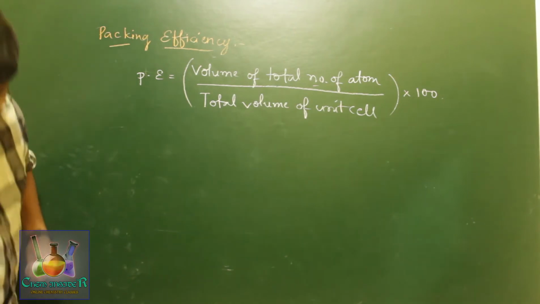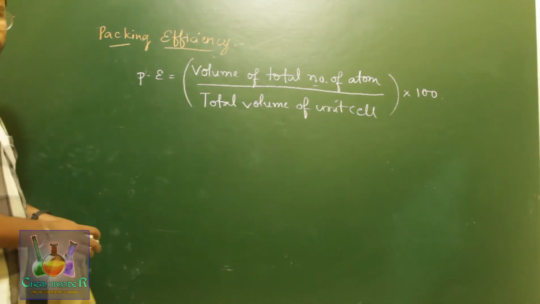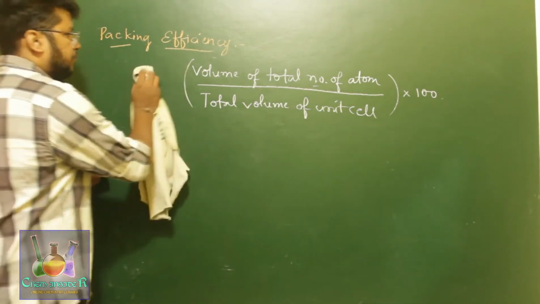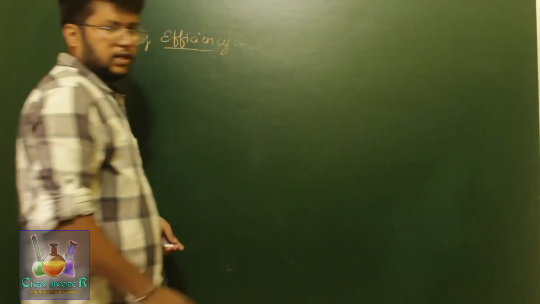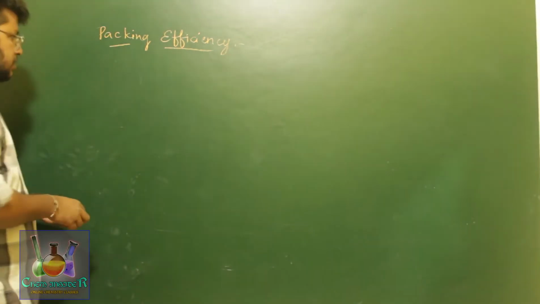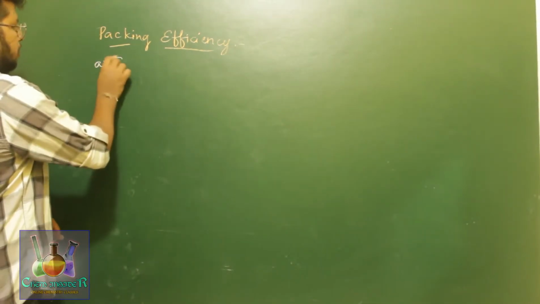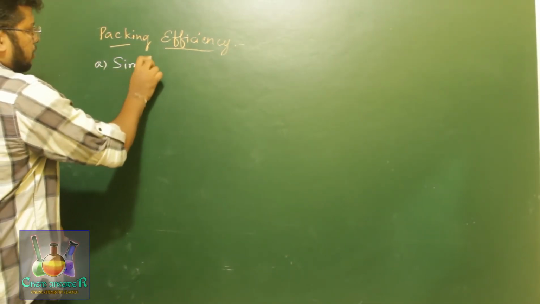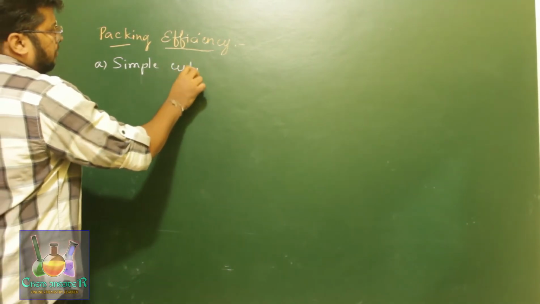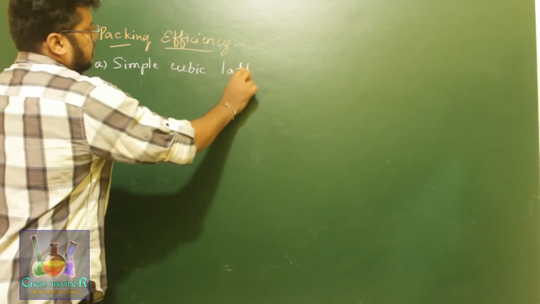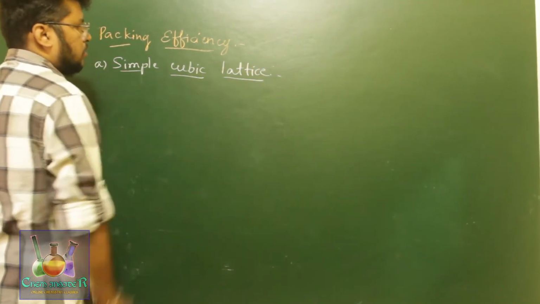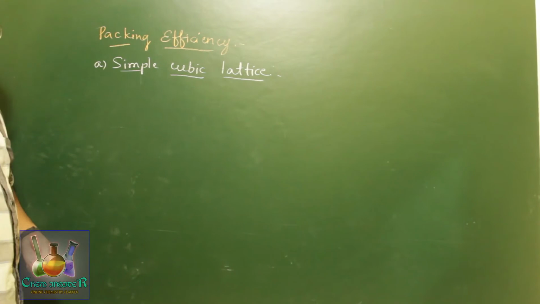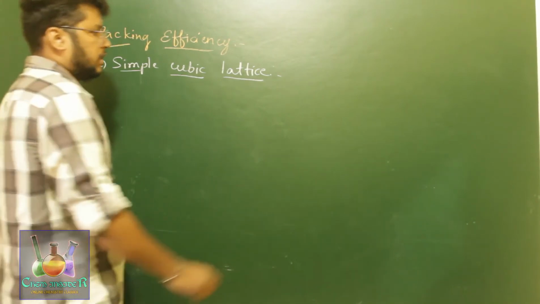Now we'll discuss the packing efficiency of certain systems. First we'll start with the basic one, packing efficiency of a simple cubic lattice. For this, first we need to know certain terms.